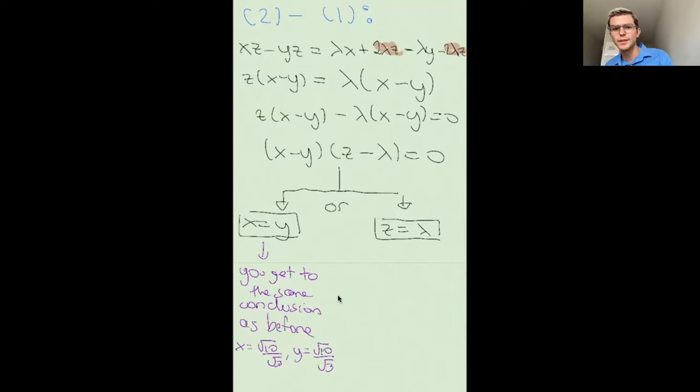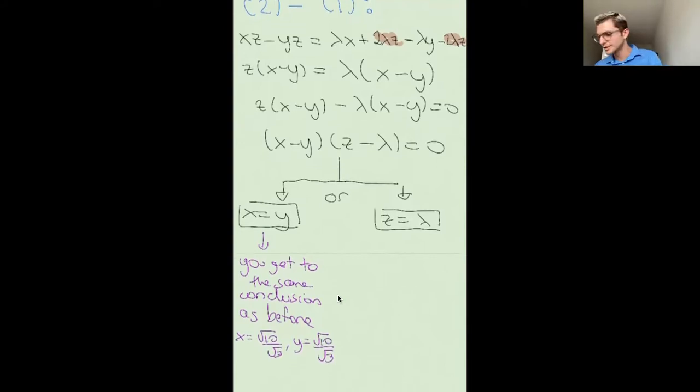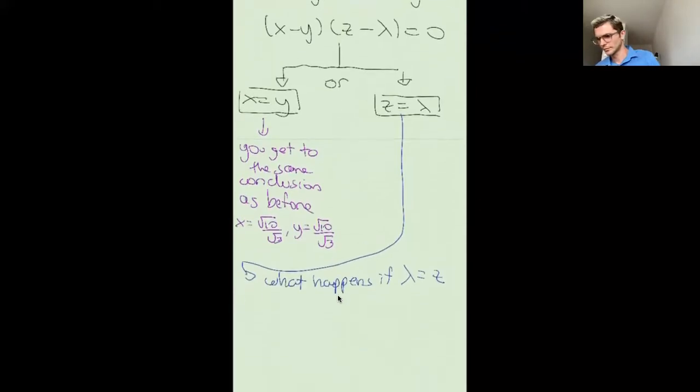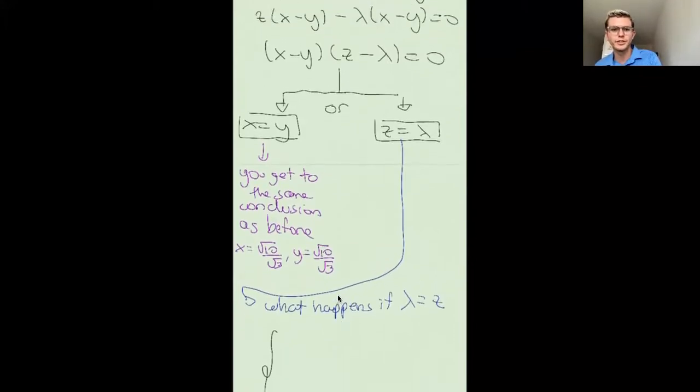So let's see what happens if lambda equals z. Or z, yeah, lambda, let's do it like that. Well, what happens with the system of equations?